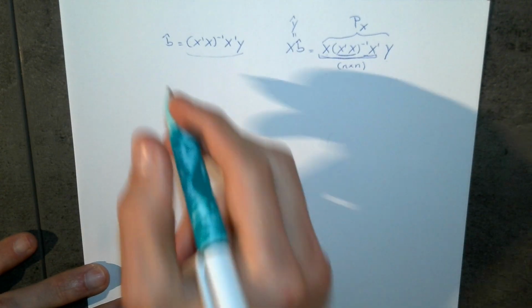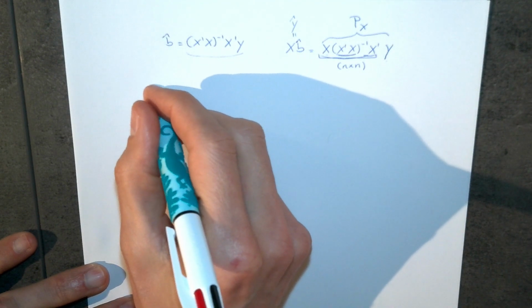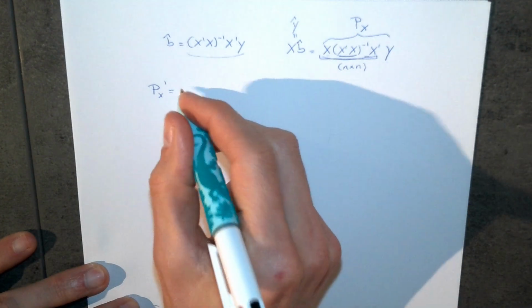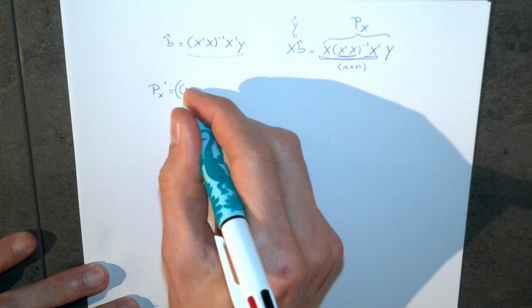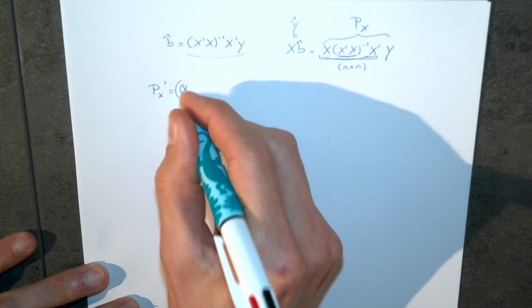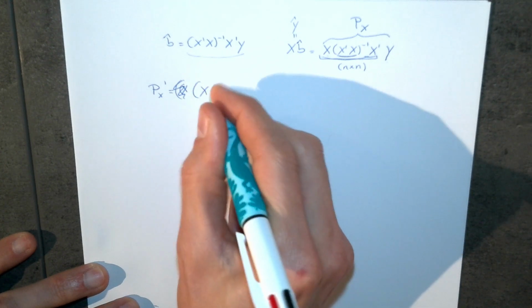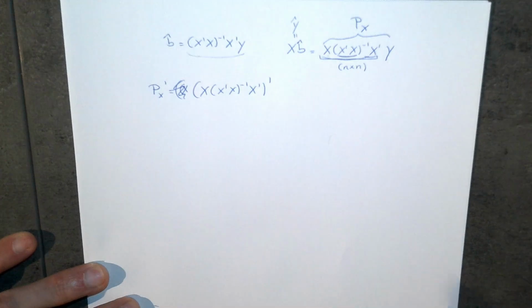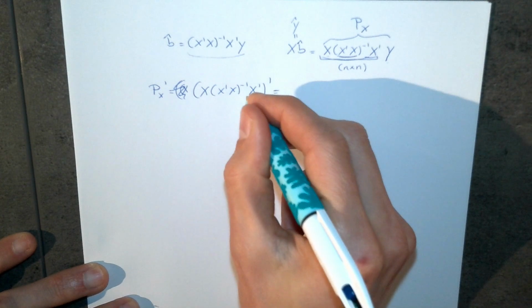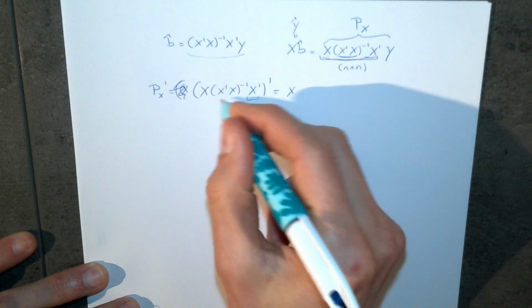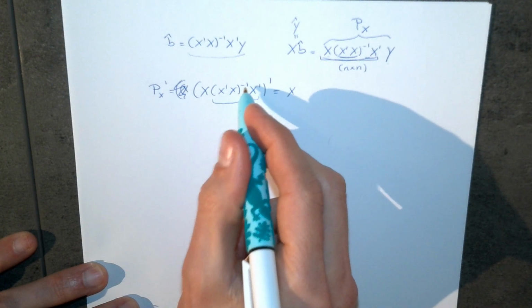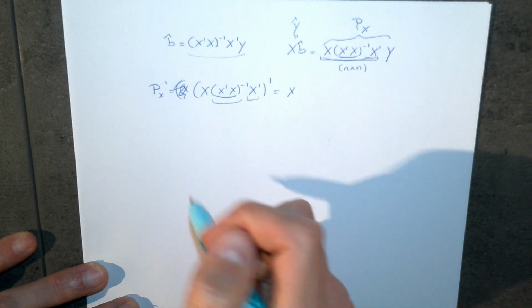Okay, and there are some nice things about this matrix Px, because if you take the transpose, what do you get? You take the transpose of X (X'X)^-1 X', which is equal to X times the transpose of (X'X)^-1, but X'X is a symmetric matrix.